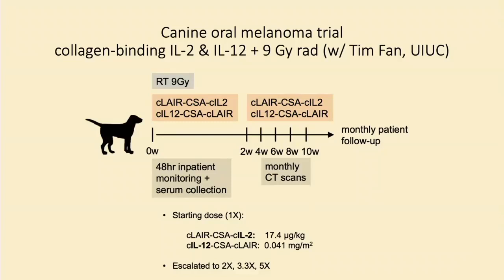And then a day later, we started on a combination dose of IL-2 and IL-12 retained by collagen binding, all canine sequences. And then we gave 6 of those cycles of treatment and then gave CAT scans on a monthly basis. We tested this initially in healthy beagles under the shoulder in intradermal injections to find the maximum tolerated dose, and then did a dose escalation in these tumors.